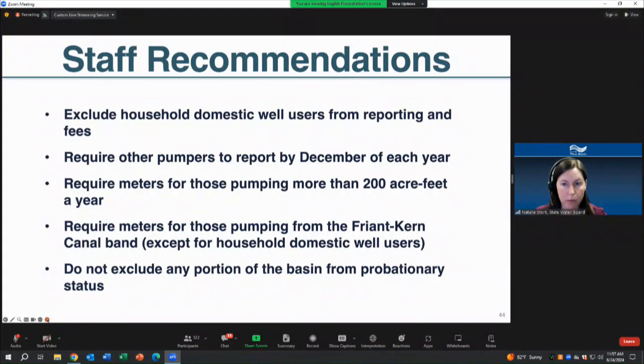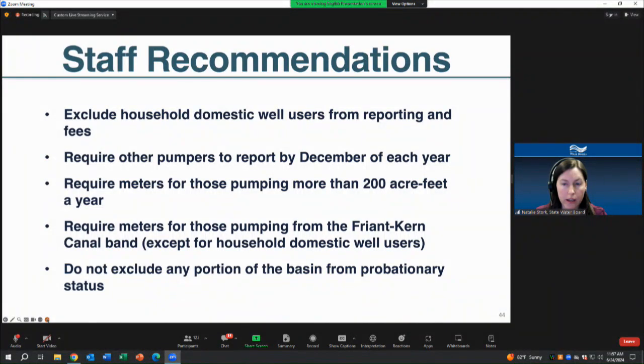For those who do have to report, staff recommend moving the default reporting deadline forward 2 months to December so that we can get necessary information sooner in case we need to write our own plan. Staff recommend that anyone who pumps 200 acre-feet or more per year from the basin install a certified meter so that we can get accurate data.